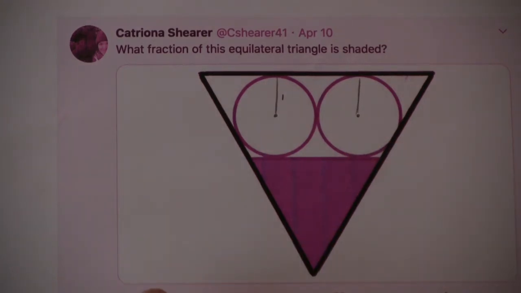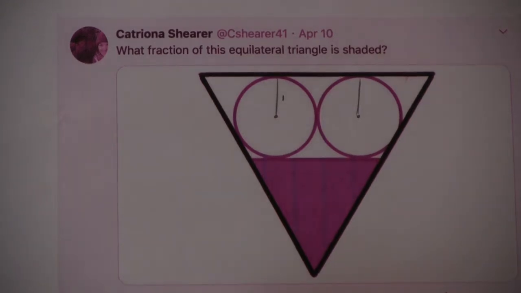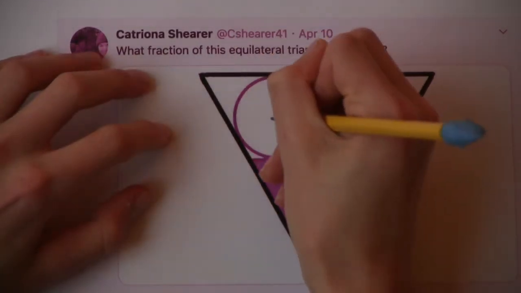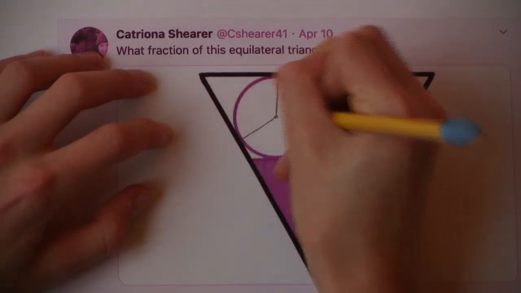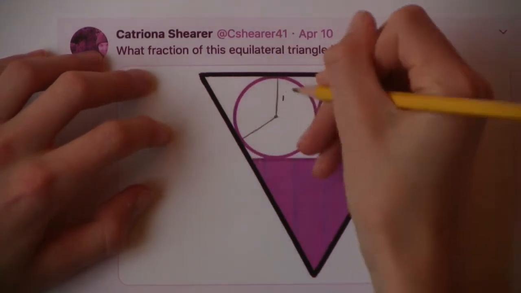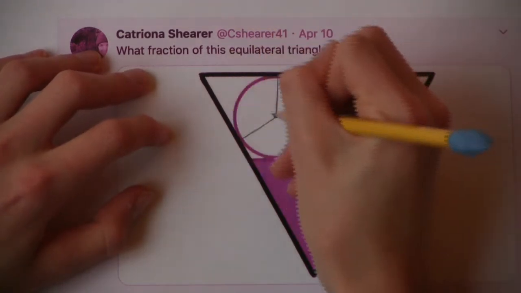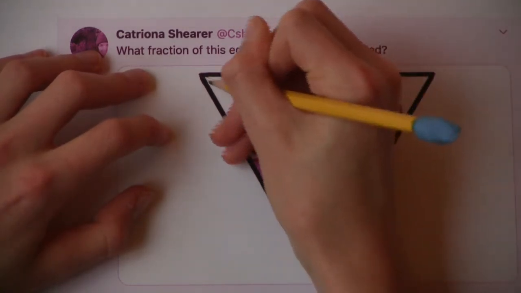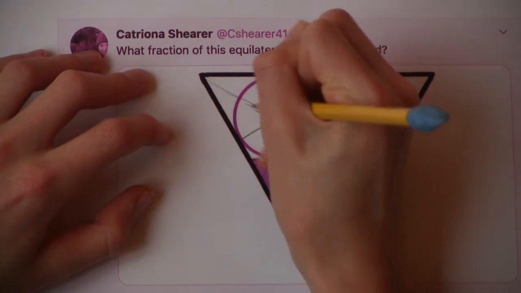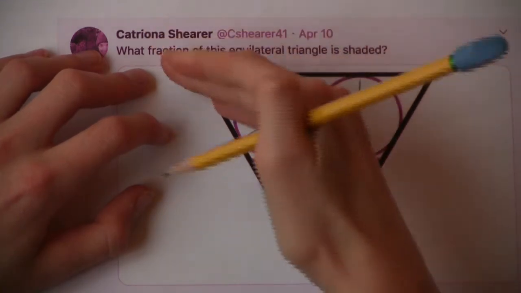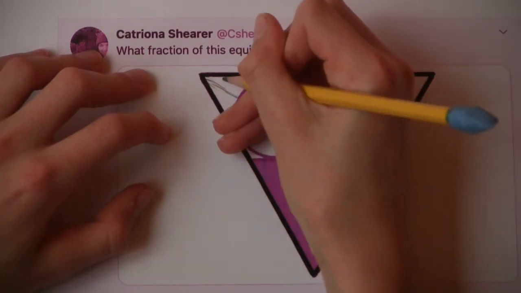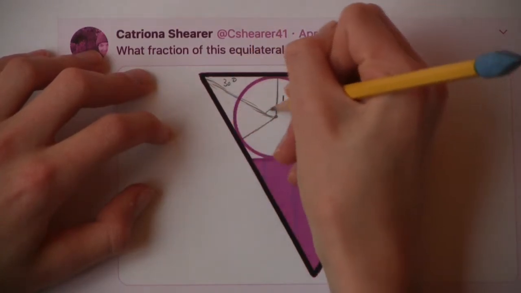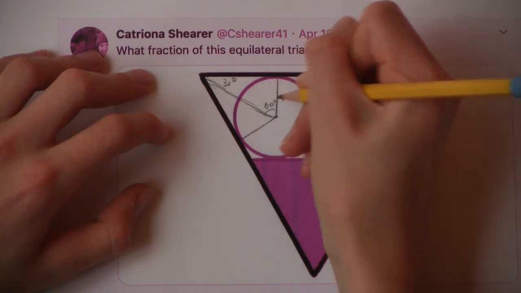If we draw this line that cuts this angle here in half, since it's a 60-degree angle, we have a 30-degree angle here, which means this is a 60-degree angle.